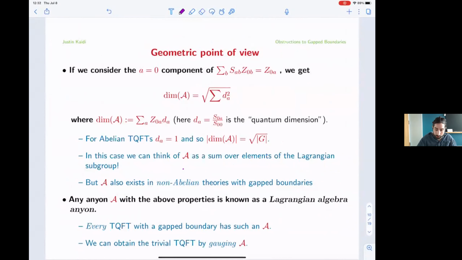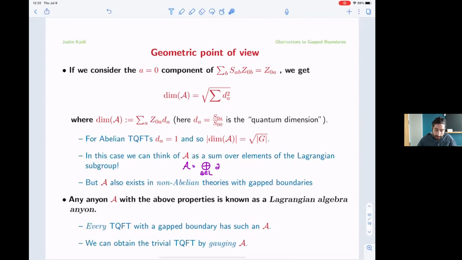Indeed, there is such a relationship. It turns out that the fancy A anion for abelian TQFTs can be thought of as a sum over all of the anions in the Lagrangian subgroup, just like this, with coefficient 1. So it's just a sum over all of the lines in the group. That's all there is to it.